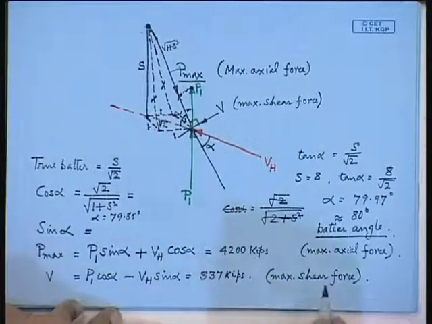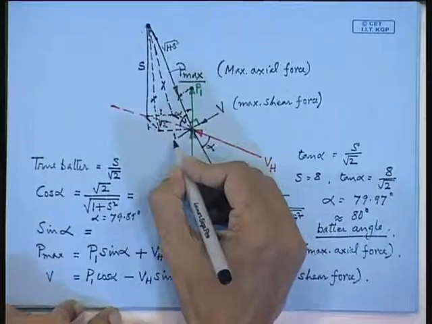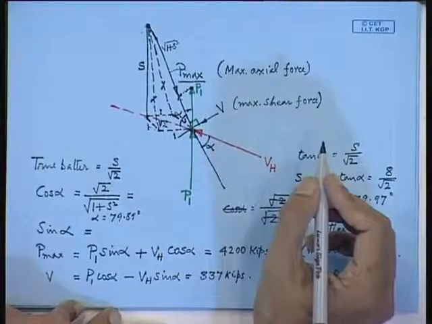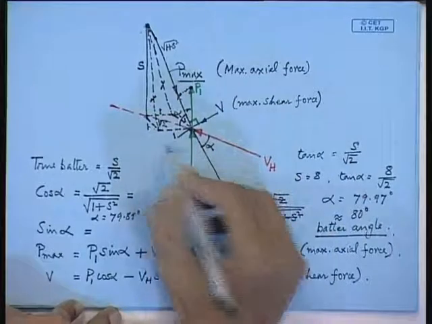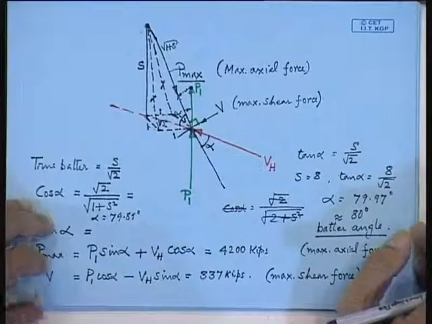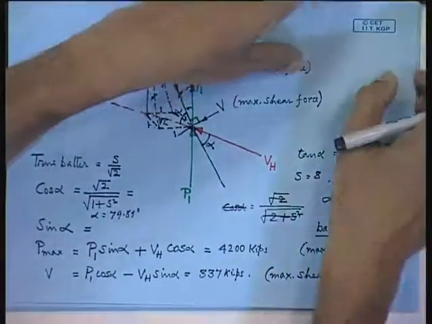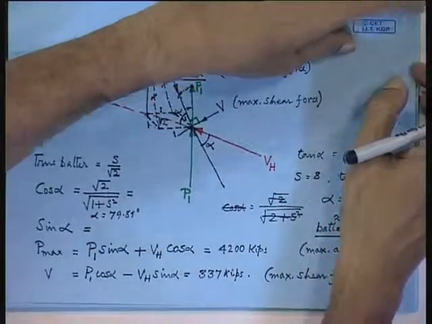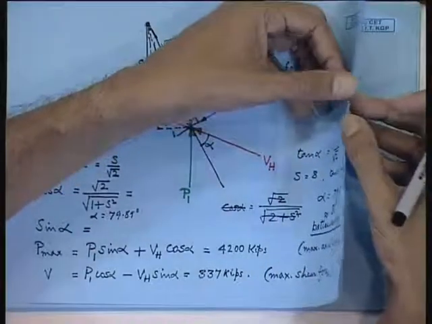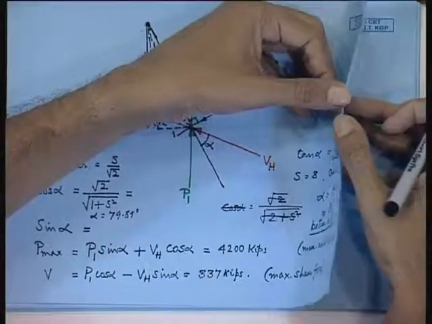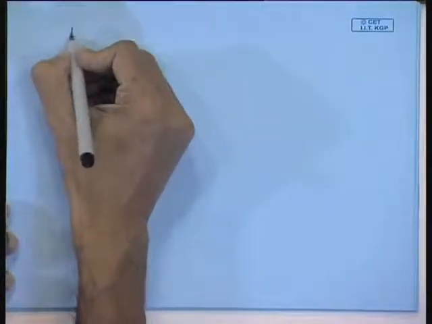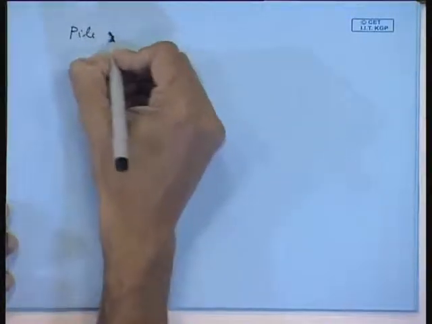But this is in which direction? In this direction or this direction? This direction. Anyway, so this is a calculation of your maximum axial force and shear. Now piles, actually you will find there are other important pile stresses.